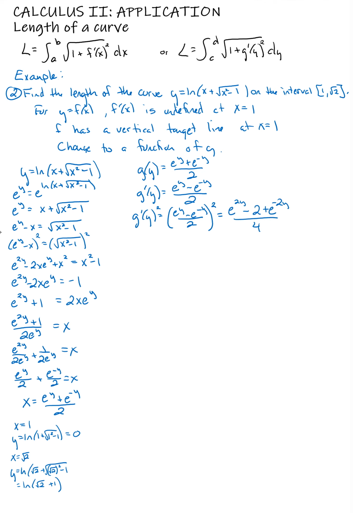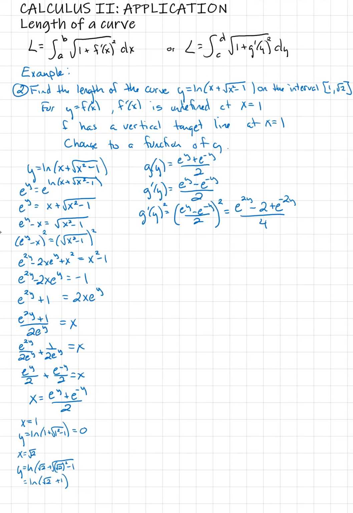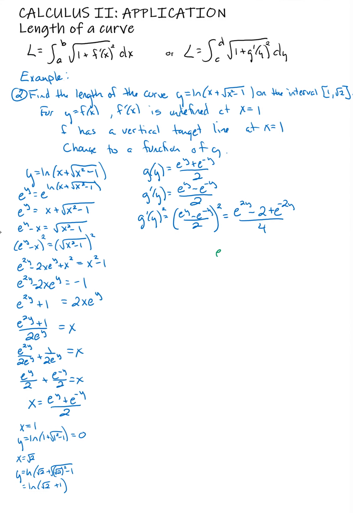Now again, just like we'd seen this before with squaring things, if you're not comfortable with that, then take the e to the y minus e to the negative y, write it out twice, and multiply. You should see that come out to be this right here. But take your time with that. Okay, so there we go. We have g prime squared.